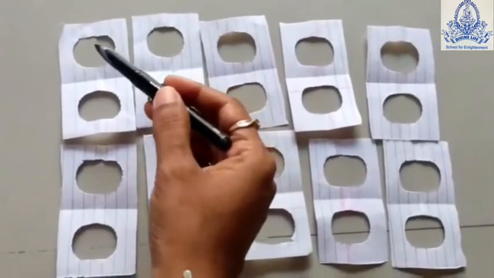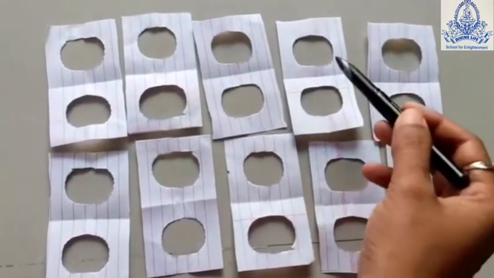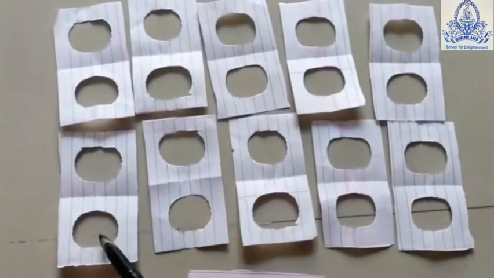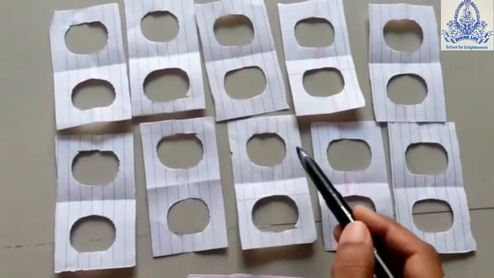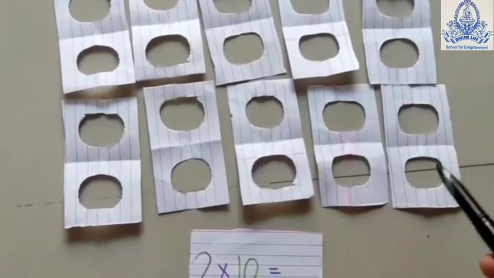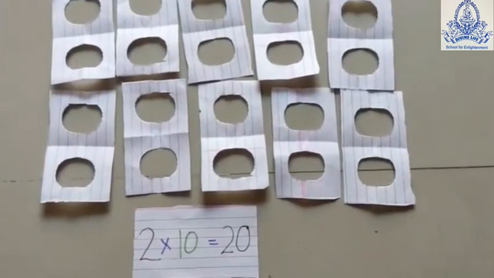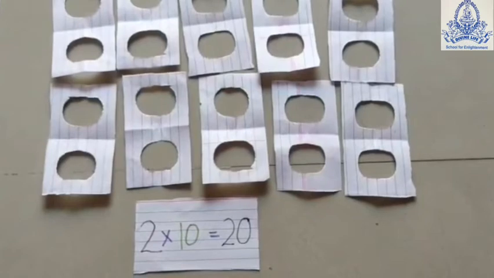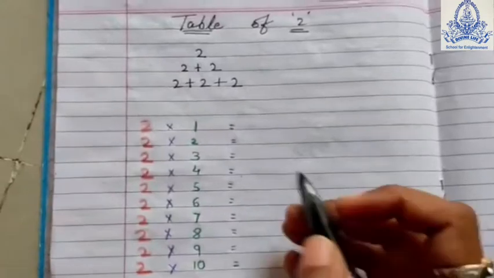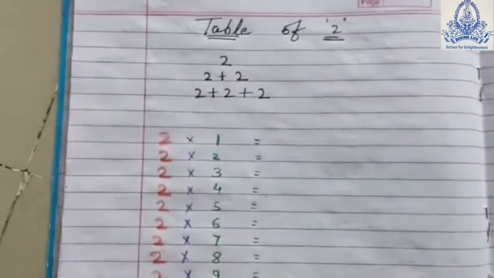Let's count it, okay? 1, 2, 3, 4, 5, 6, 7, 8, 9, 10, 11, 12, 13, 14, 15, 16, 17, 18, 19 and 20. So 2 tens are 20. 2 tens are 20. So let's summarize all the activities, what we have learned through them.